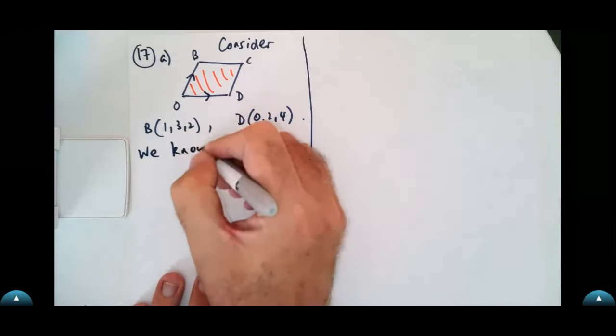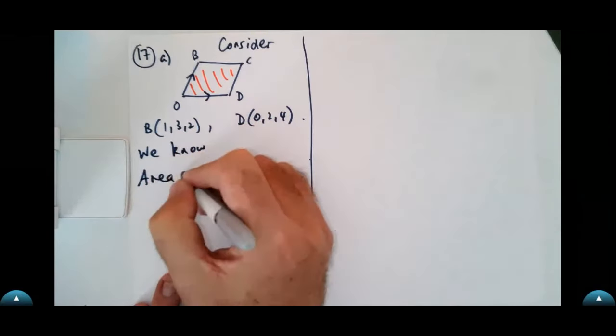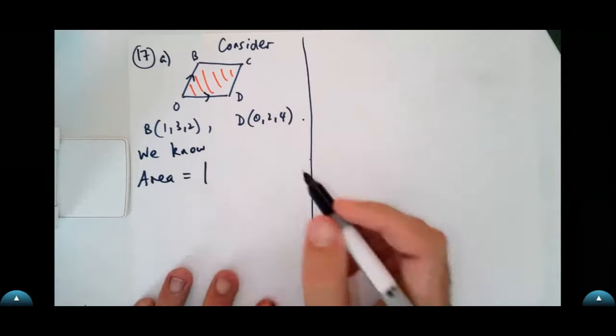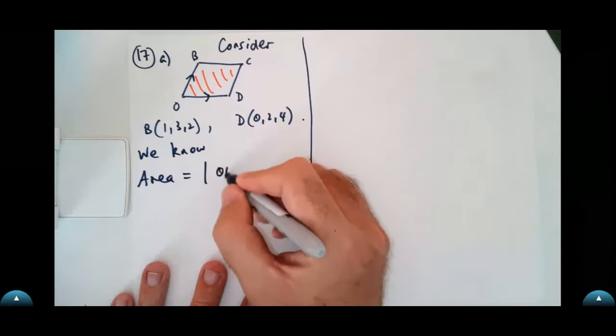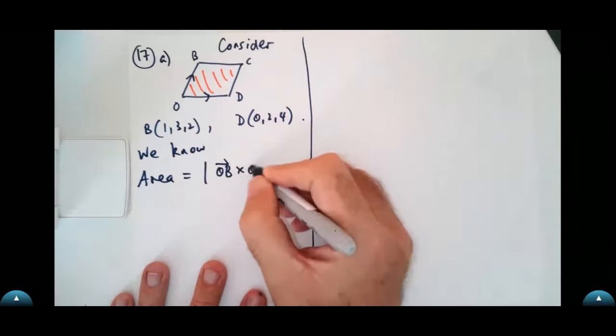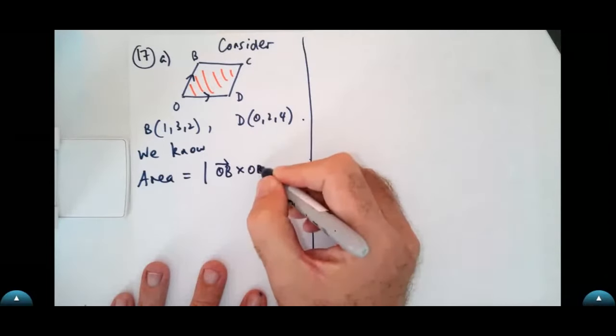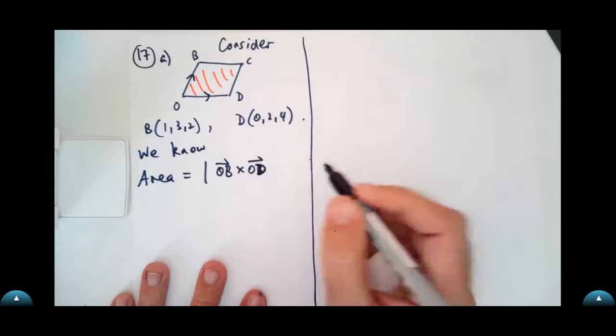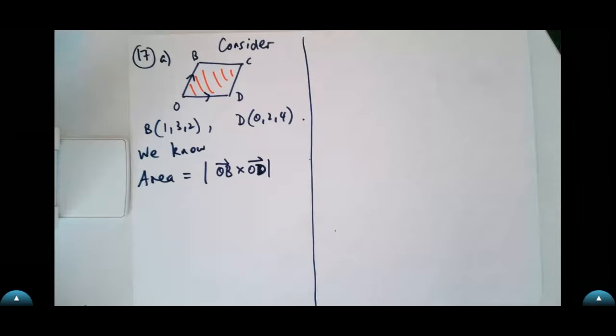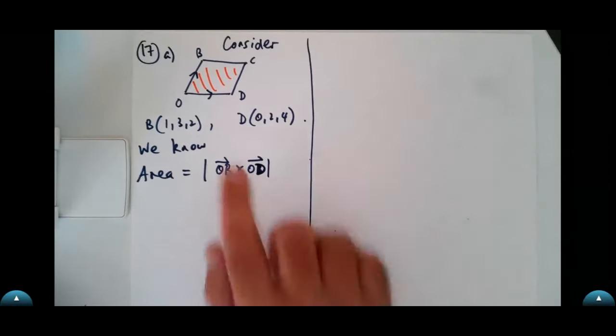And we know that the area is equal to, B, sorry, the length of the cross product of the sides.